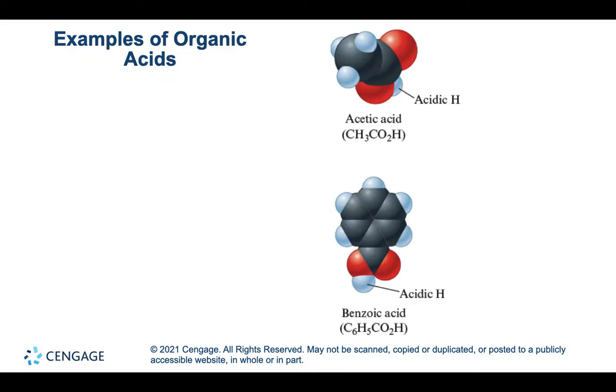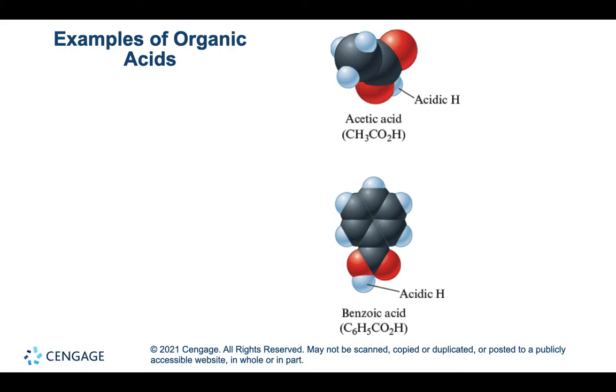Here we see the organic acids, the black being carbon, the red being oxygen. You can see acetic acid has a carbon with a double bonded oxygen and a single bonded OH. And the acidic hydrogen is not the H's on the carbon, but the H attached to the O. Benzoic acid has a benzene ring, which is your 6 carbons in a hexagon.